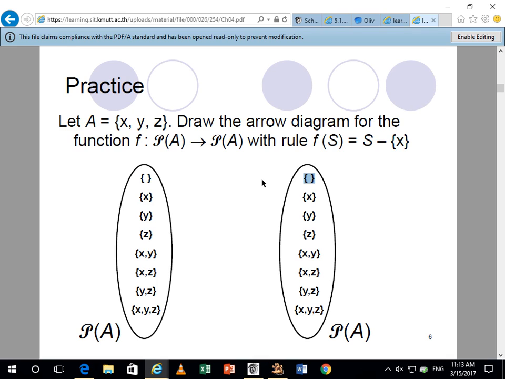Y maps to Y. Z maps to Z. YZ maps to YZ. And again, key: one input maps to only one output.